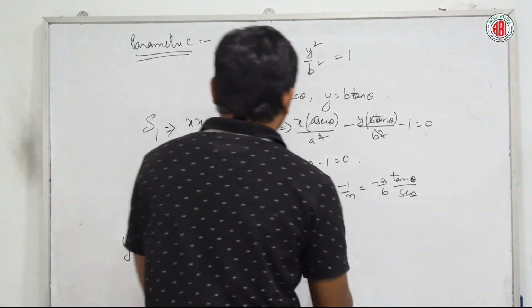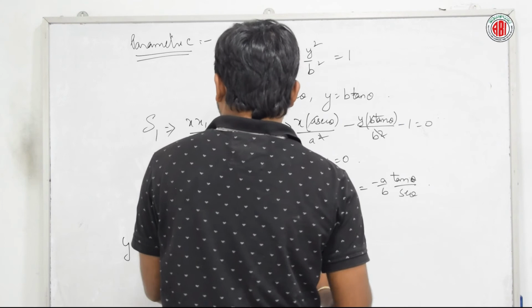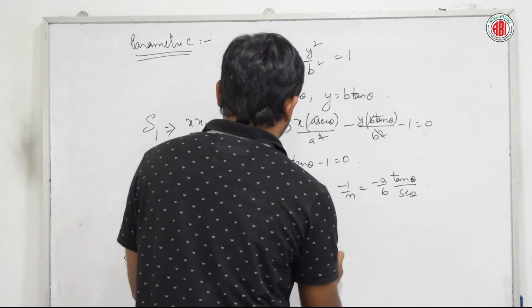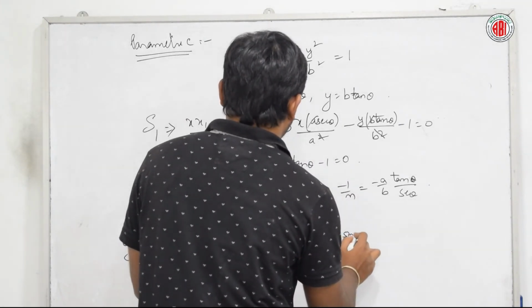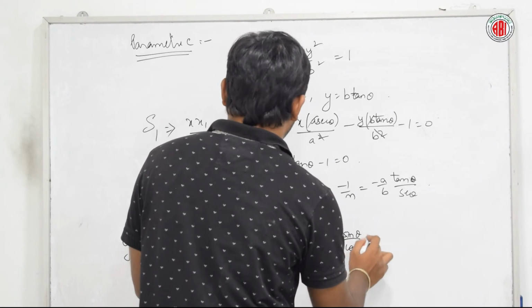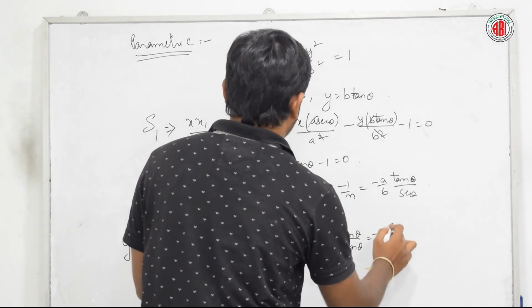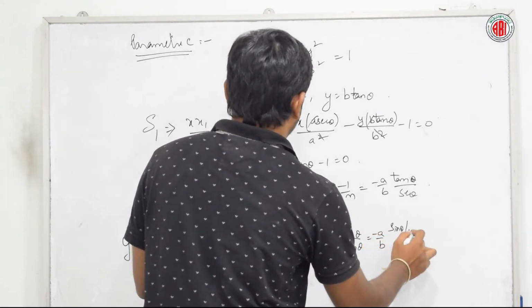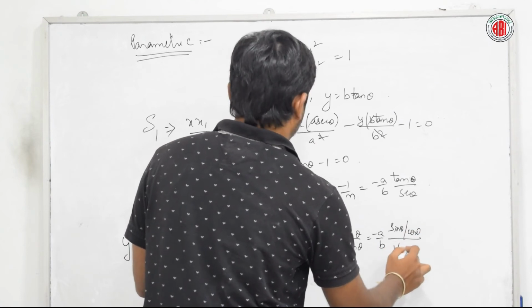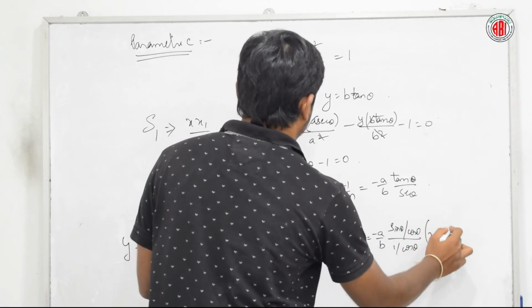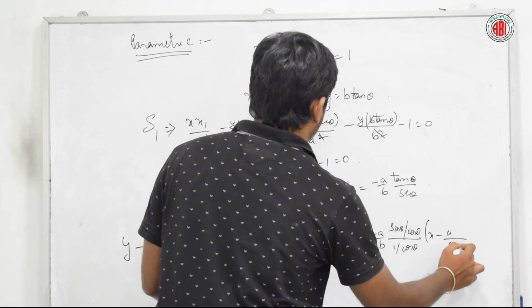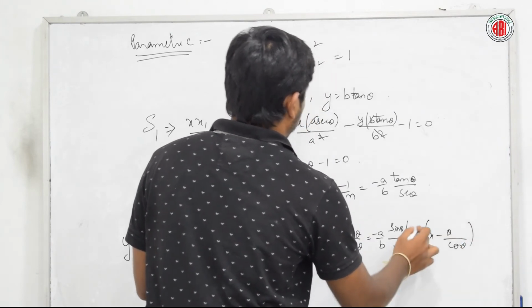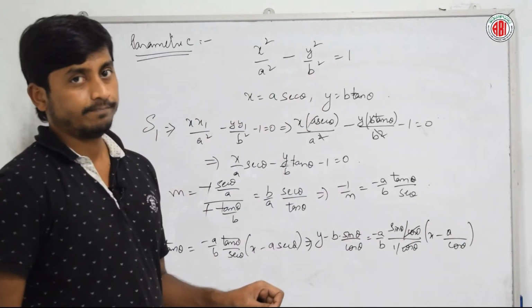So what do we get here? If I write tan, y minus b into sin theta by cos theta is equal to minus a by b sin theta by cos theta by 1 by cos theta into x minus a by cos theta. Here these both will get cancelled, right?